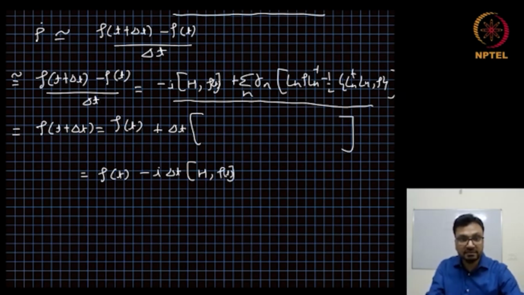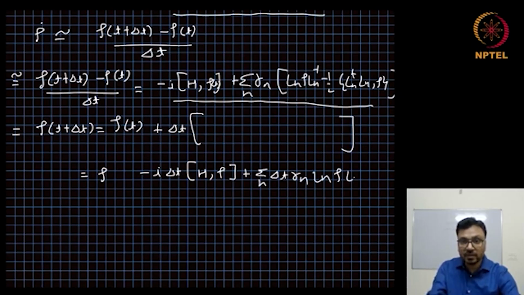On the right hand side everything is rho of t, so we don't need to write it again and again, it will just make the expression cumbersome. So we just write rho. On the left hand side we have rho of t plus delta t, and on the right hand side we have rho plus sum over n delta t gamma_n L_n rho L_n dagger minus half delta t the anticommutator of L_n dagger L_n with rho.